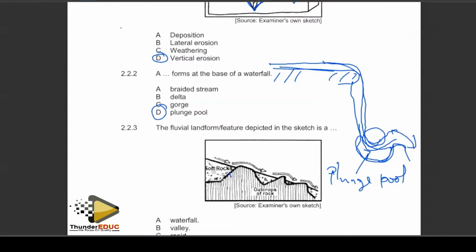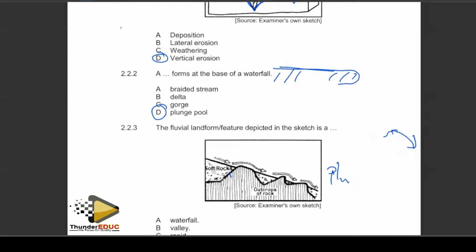We move on to the next question. Right, the next question is saying the fluvial feature depicted in the sketch below is what? If you check there, the fluvial feature is very easy to identify. We have bands of hard rock here, another band of hard rock there, and another band of hard rock there.